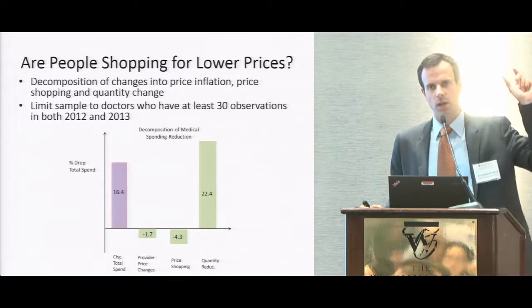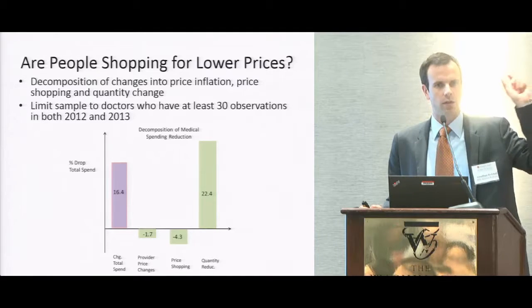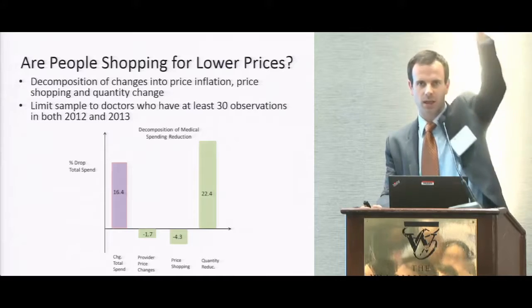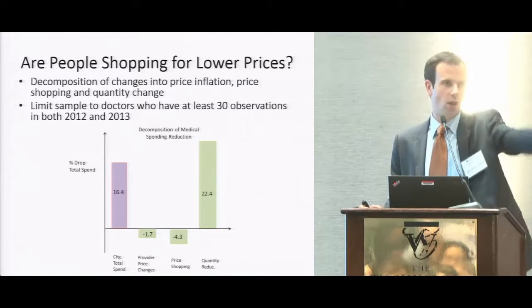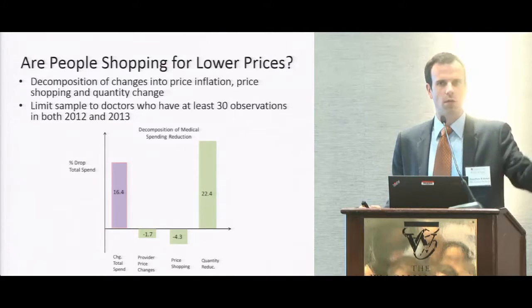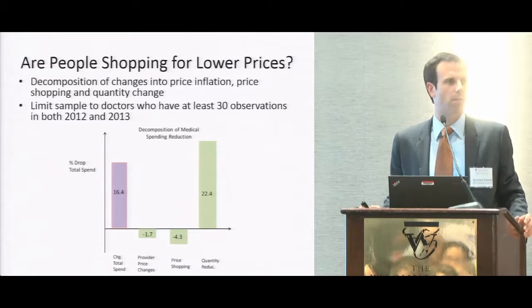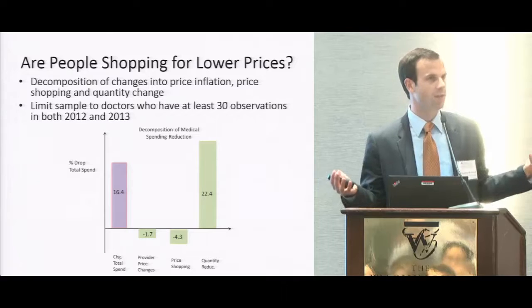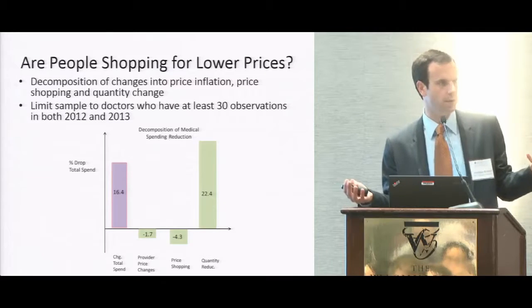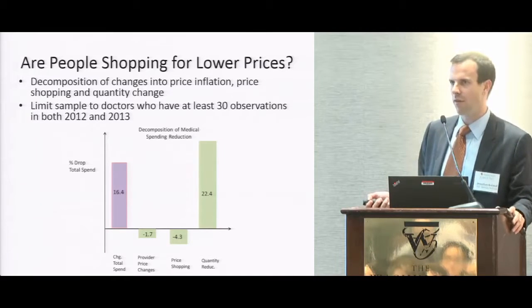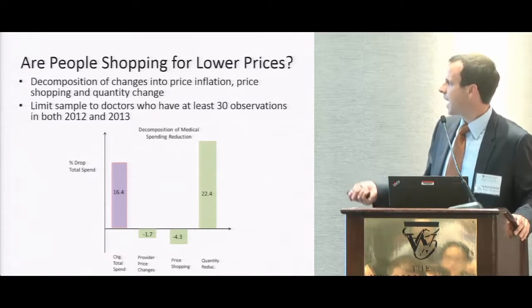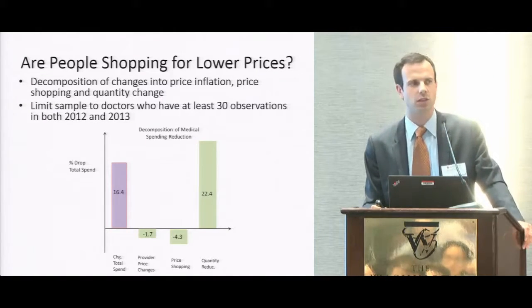So if we basically compare a doctor, if I afterwards wanted to get a colonoscopy at a different doctor, do I just not get that procedure, or do I move to a doctor that's lower price for a colonoscopy? Right? The classic sort of Dartmouth study, like how do we have all this variation even for homogeneous products? Well, people should be able to search based on price. We find no evidence. In fact, if anything, people are going to slightly higher priced doctors. So the entire effect is coming from those quantity reductions.